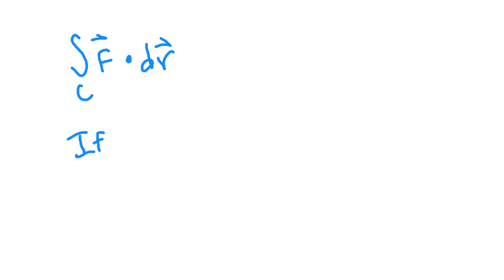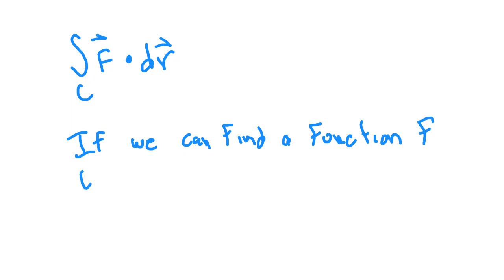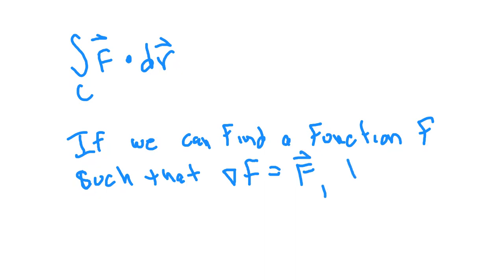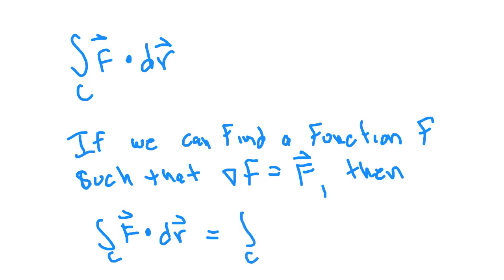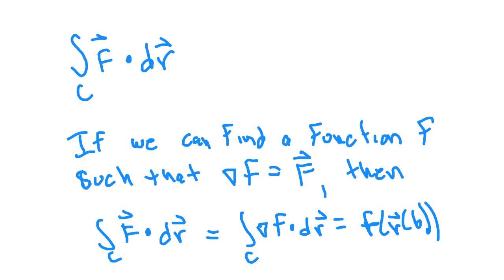If we can find a function f such that the gradient of f equals the vector field, then the line integral of this vector field would equal this line integral, and that would just be equal to that difference.